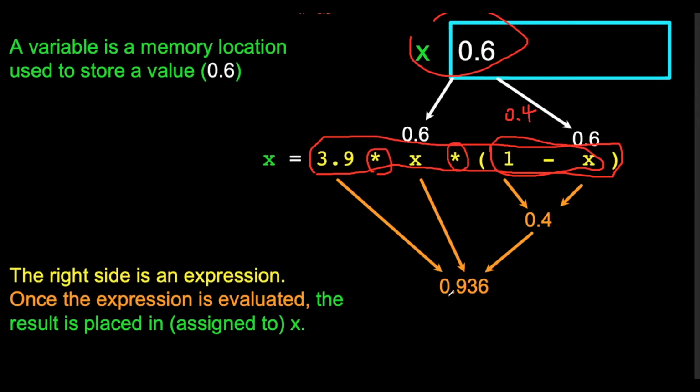Whatever your outcome is, which is 0.936, the outcome of the expression on the right-hand side, is then assigned because of the equal sign. Equal sign means assigned, to this variable x that has some memory location somewhere. Does it make sense?